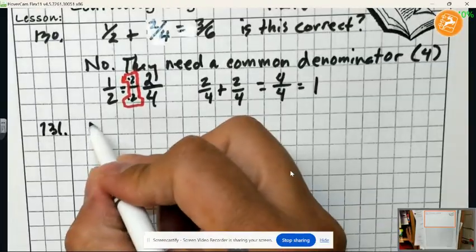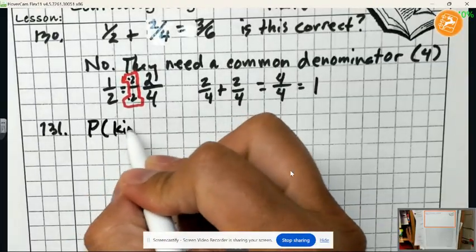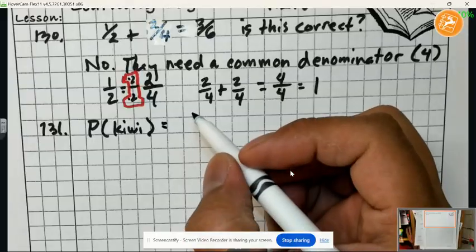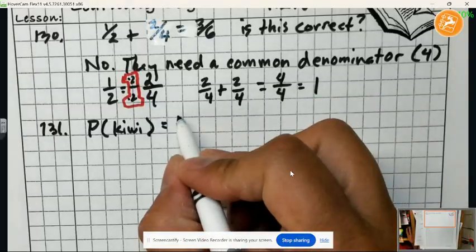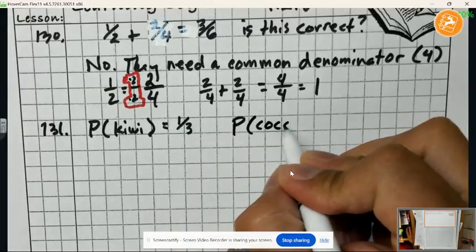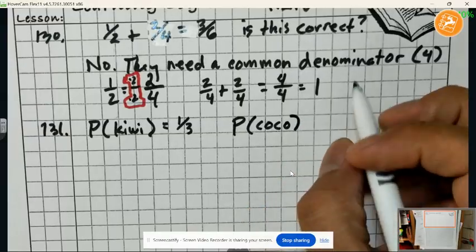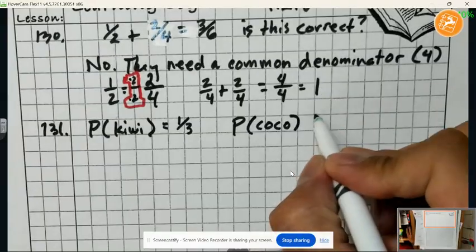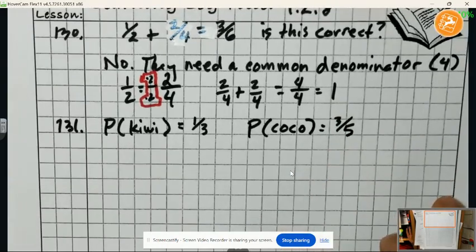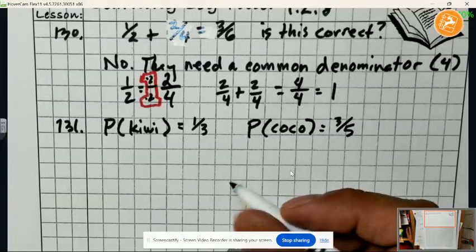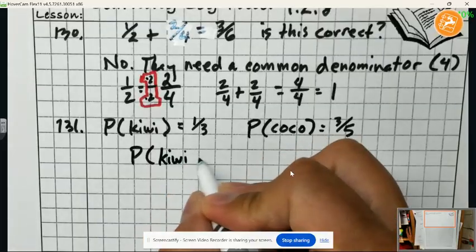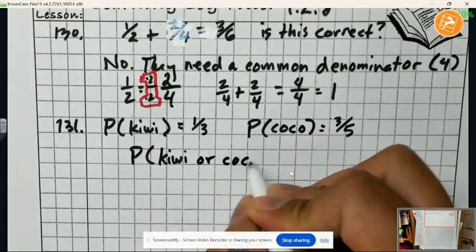We have the probability of pulling out a kiwi is 1/3, and the probability of getting coconut, we'll just put cocoa, is 3/5. And we need to know what is the probability of kiwi or coconut.